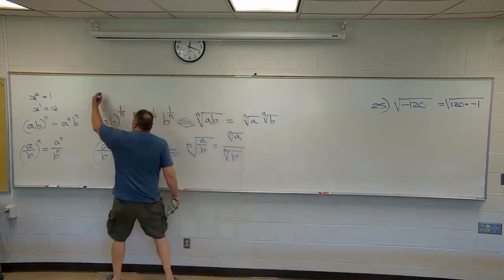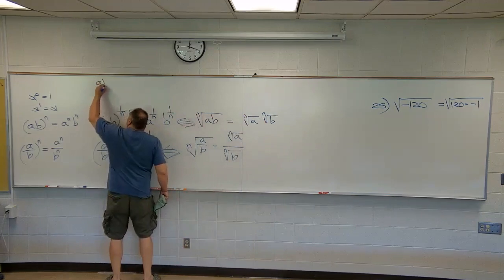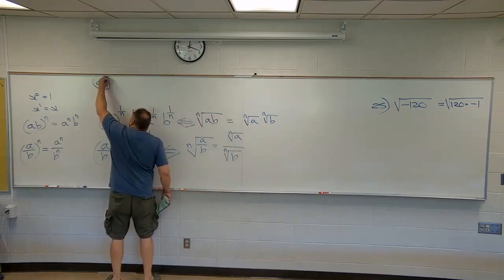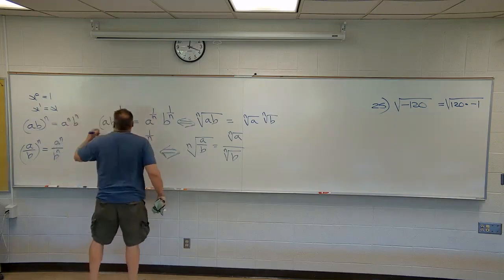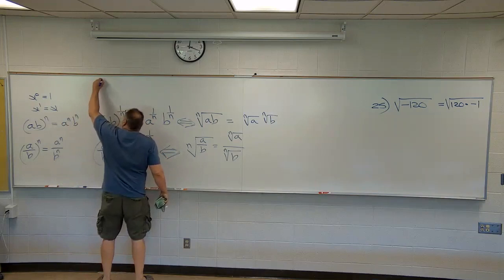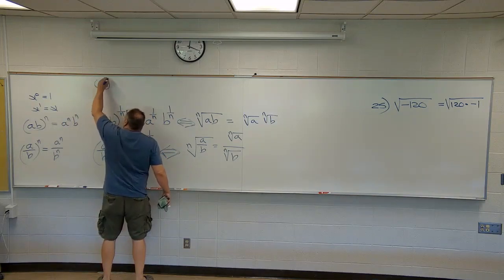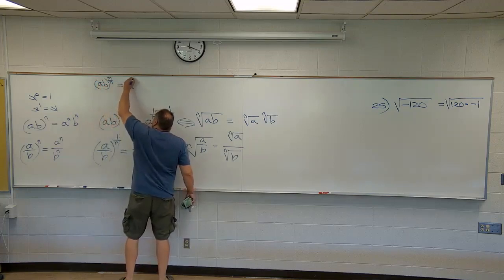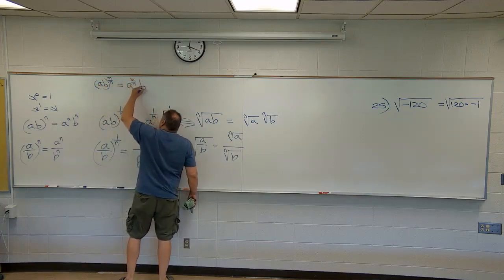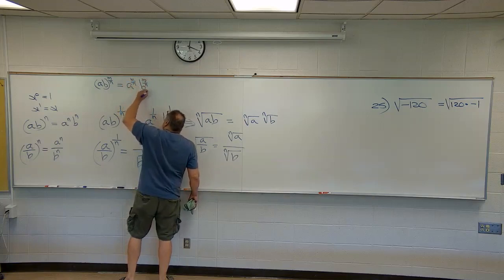In fact, if you had AB to the m over n, let me figure out how much room I got here, guys. You had AB to the m over n. That's a to the m over n, b to the m over n.